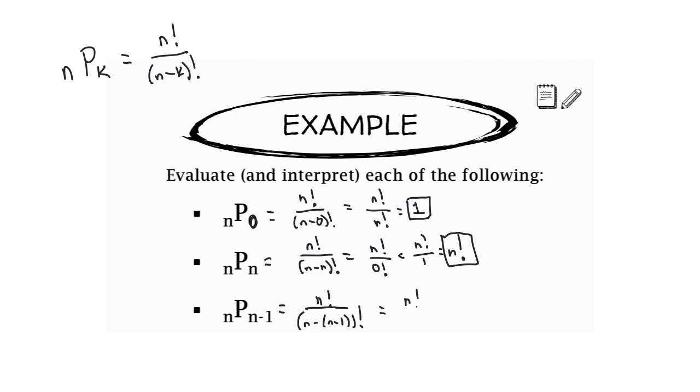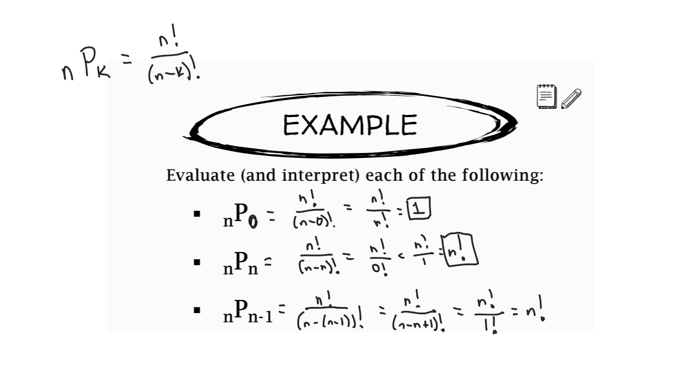And as we simplify that, we see that we get an n minus n plus 1 factorial. Those n's cancel, and you're just left with a 1 factorial. And 1 factorial, like 0 factorial, is just equal to 1. And so we're left with n factorial.